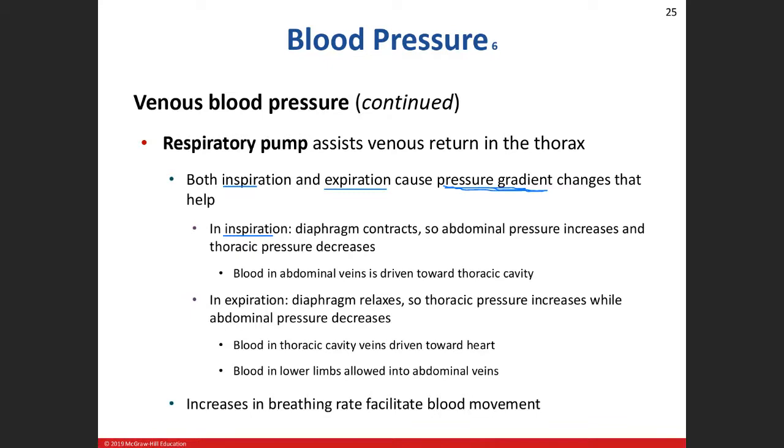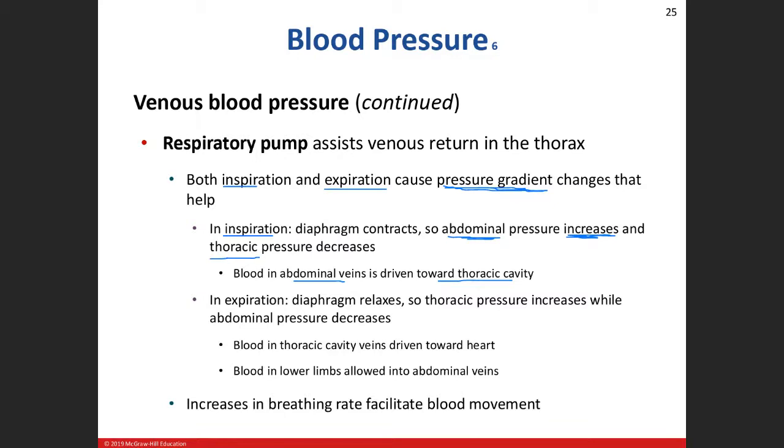But what happens is the pressure in your belly, in the abdominal area, is higher, or it increases more than the pressure in your chest or thorax. So blood is going to go from an area of high pressure to low pressure. So the blood in the abdominal veins is pushed toward the thoracic cavity because the pressure in the thoracic cavity is less than what it is in the abdomen.